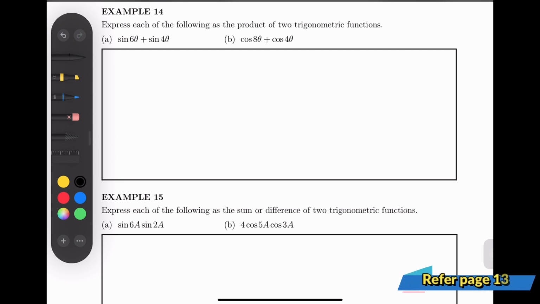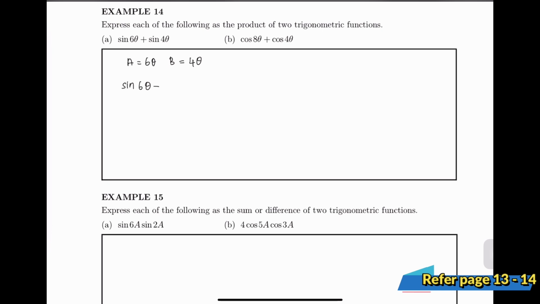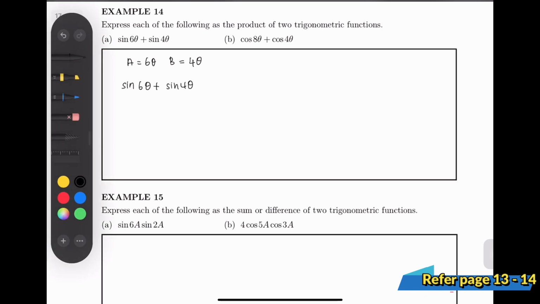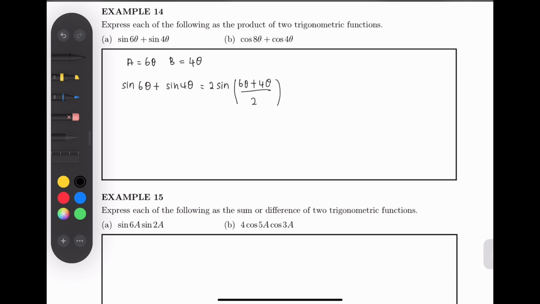We have A is 6 theta and B is 4 theta for part A. So the formula is sine 6 theta plus sine 4 theta, which is 2 sine (6 theta plus 4 theta) over 2 cos (A minus B) over 2.